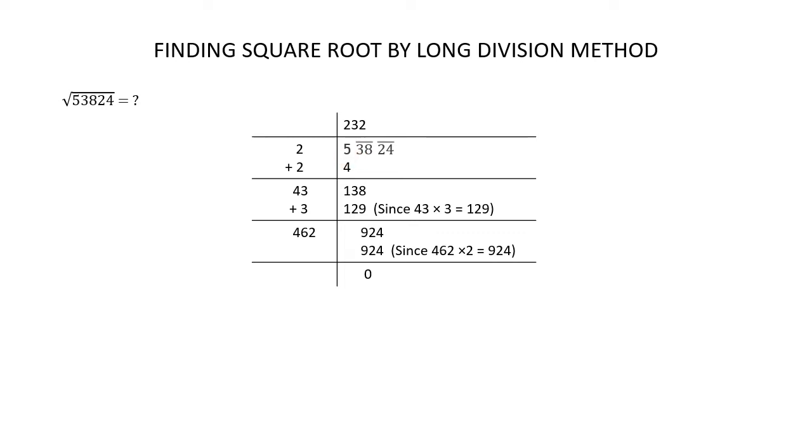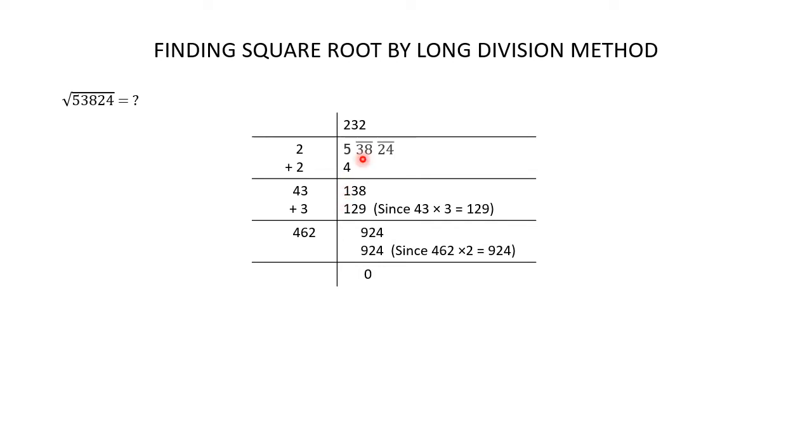Now start the long division method. You have to find a number which when multiplied by itself will give you the number 5 or a number that is less than 5. So 2 multiplied by 2 will give you 4. So write 2 in the divisor place and 2 in the quotient place. 2 multiplied by 2 is 4. 5 minus 4 is 1.